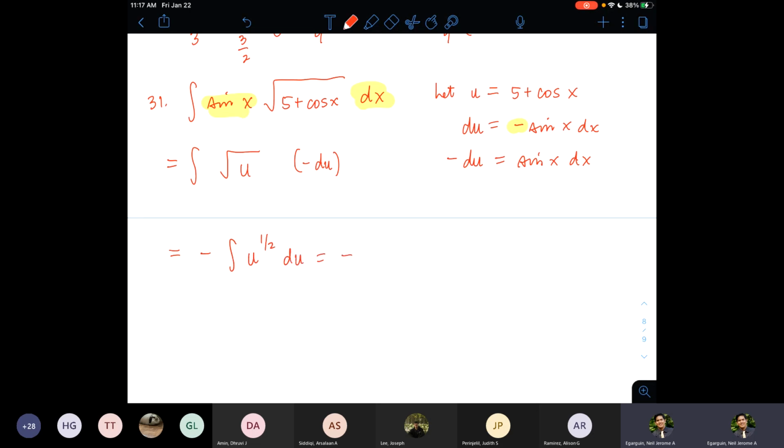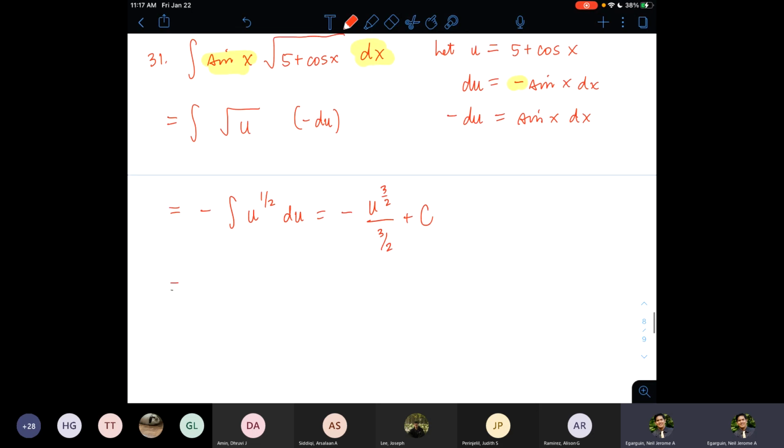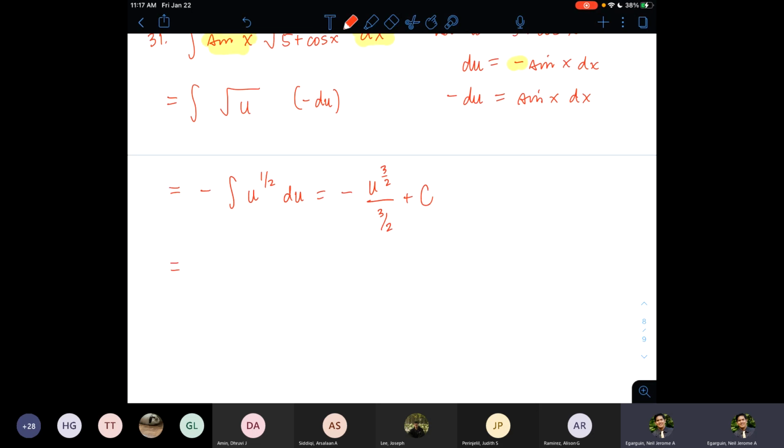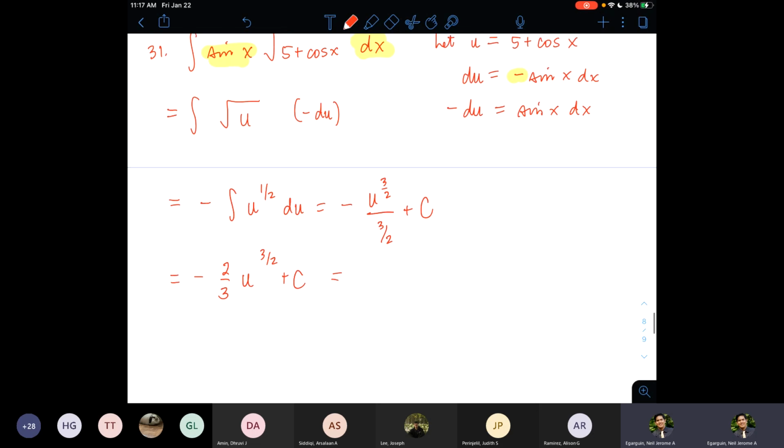Again, we know this would be negative of u to the 3/2 all over 3/2 plus the constant c. And then I can just carry out the arithmetic here. It's going to be negative 2/3 of u to the 3/2 plus c, and then revert to the original variable. So I'll have negative 2/3 times 5 plus cosine x to the 3/2 plus the arbitrary constant c.